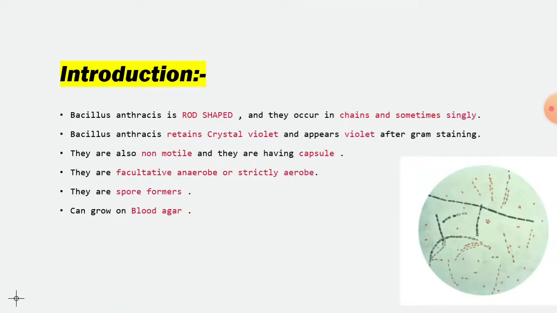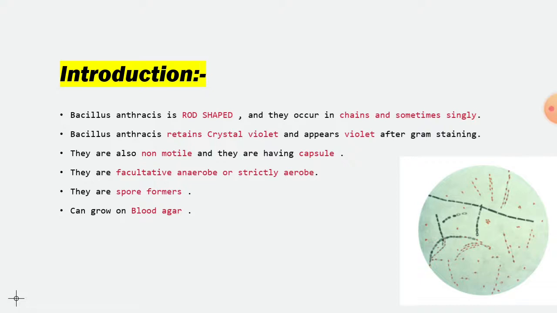So Bacillus anthracis are rod shaped and occur in chains or sometimes singly. They appear purple or violet after gram staining because they retain the crystal violet stain.